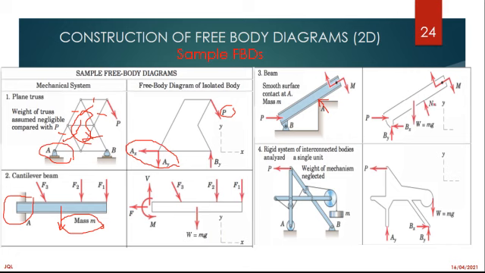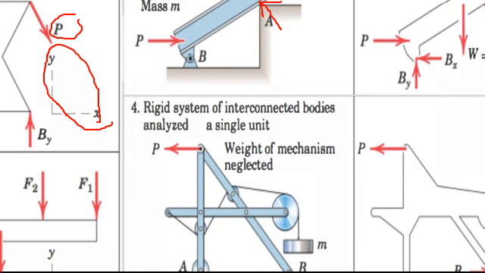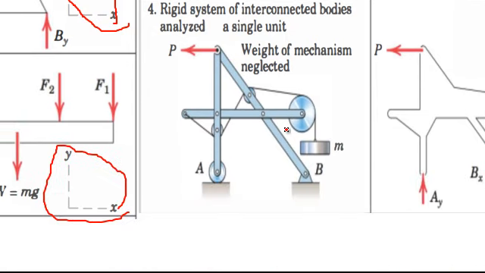Don't forget about your axes, your X and Y. It's always important. Let us not forget about our axes. Then again, we have another one, which is a rigid system of interconnected bodies. I don't need anything to do with this. I'm only interested in the roller itself.